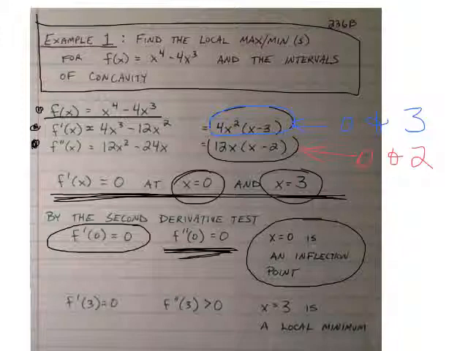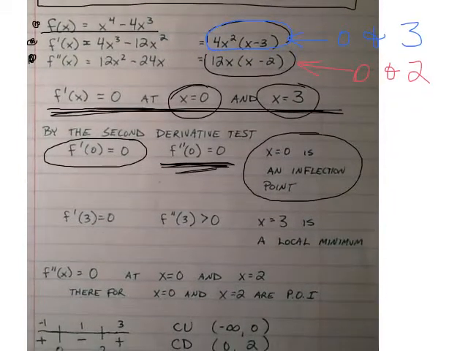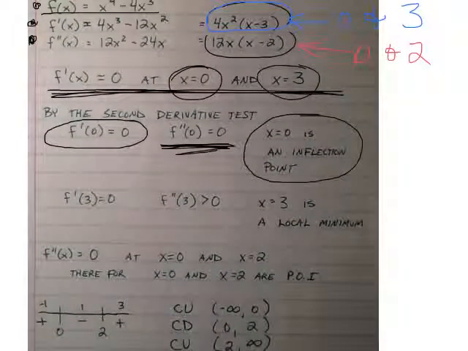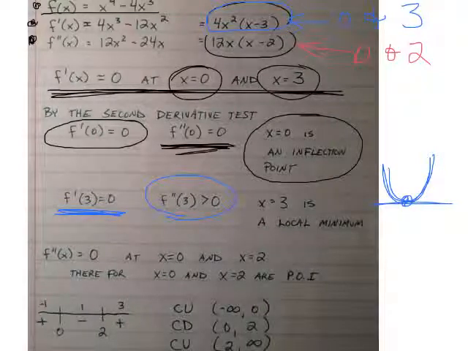Then we apply the second derivative test to the critical value of 3, and we find that f prime of 3 is 0, so we know it's going to be possibly a maximum or a min. The second derivative is greater than 0, so we know that it is concave up. So if it's concave up and the tangent line is horizontal, then we know we have a local minimum at x equals 3.